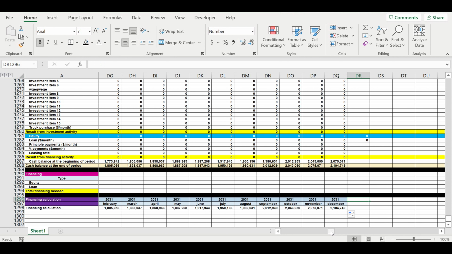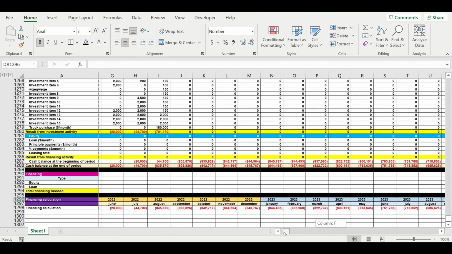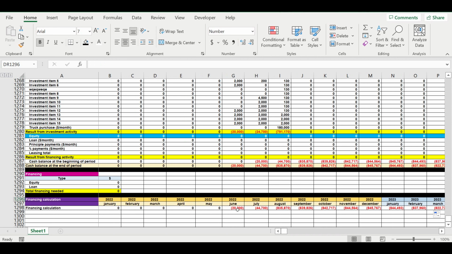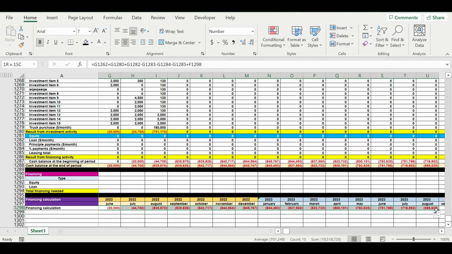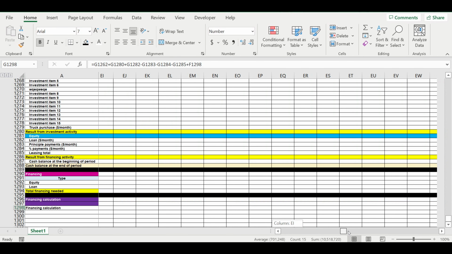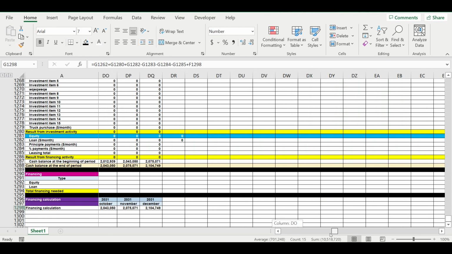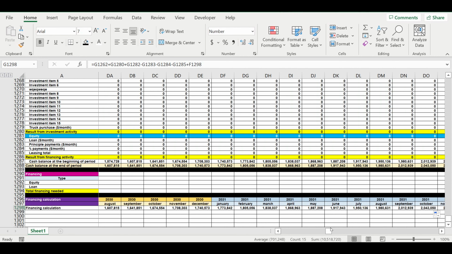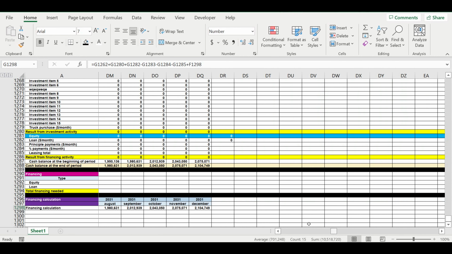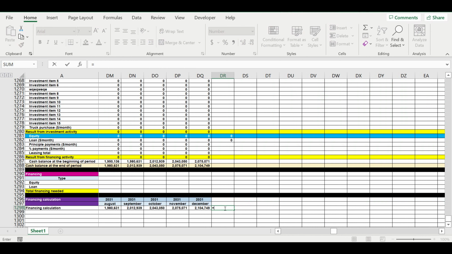So here we can see the values, and also we can see here the negative values. And what we are doing here, we're just searching the minimum negative value in this interval.